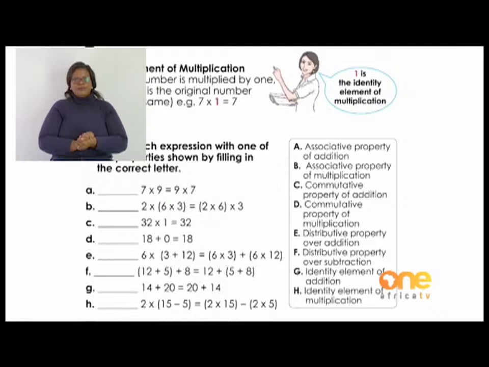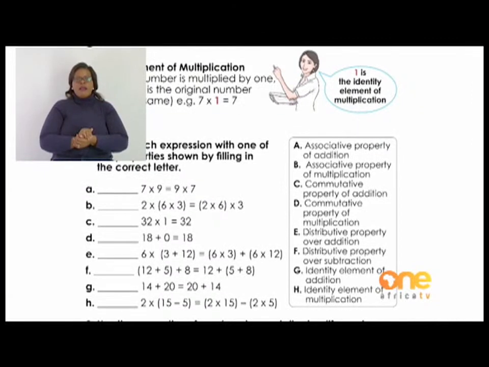We continue with the identity elements, but this time it is for multiplication. When any number is multiplied by 1, the product is the original number, meaning it stays the same. If you go through the sentence which I just read, you can see that there's a word product.